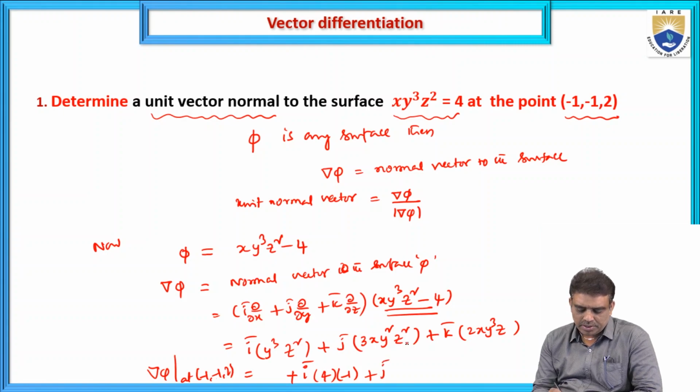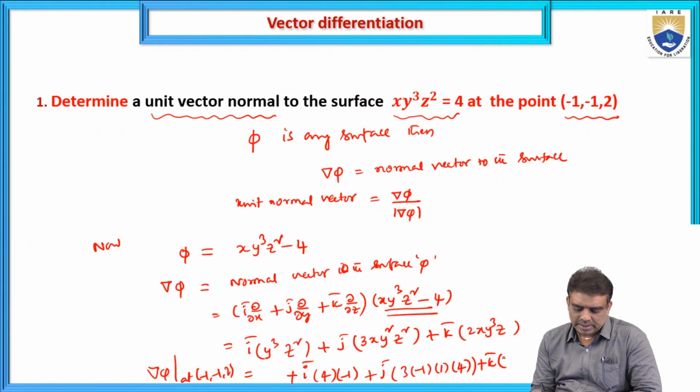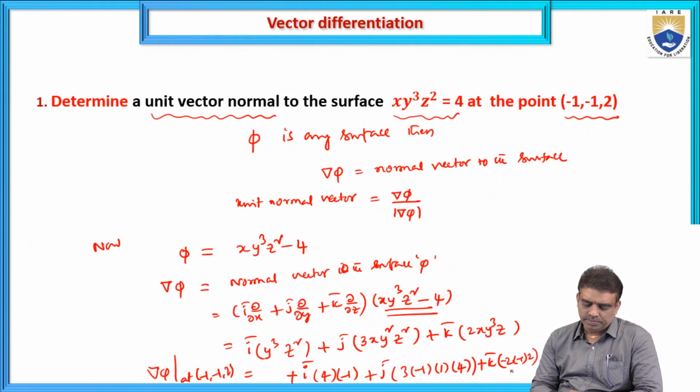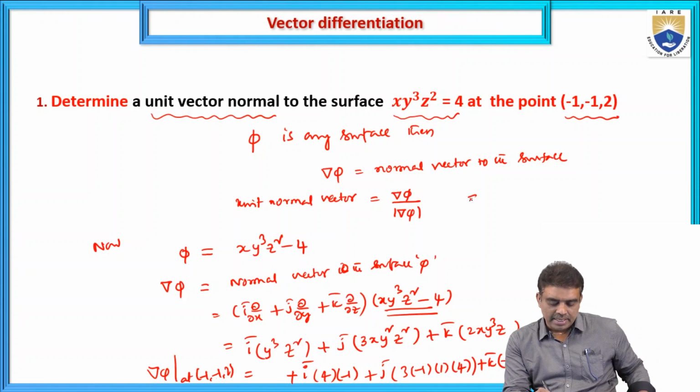Plus j bar into 3 times x, which is -1, times y², which is 1, times z², which is 4. Plus k bar into 2 times x, that is -2, and y³, that is also -1, and z equal to 2.